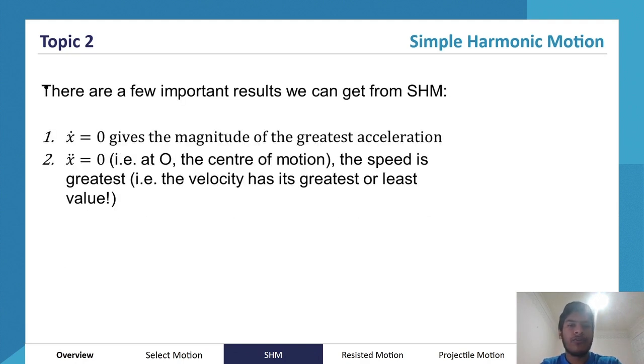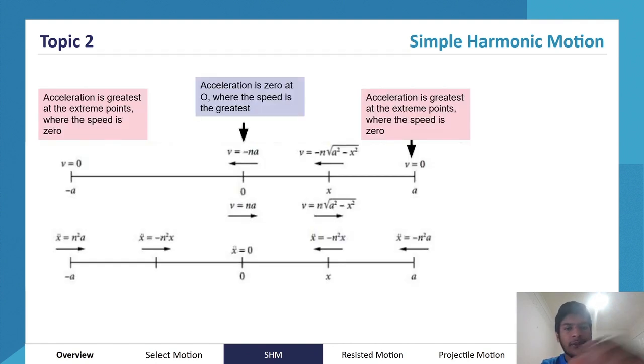Now, there are a few important results we can get from simple harmonic motion. That is, x double dot equals 0, i.e. at the center of motion, the speed is greatest, i.e. the velocity has its greatest or least value, and x dot equals 0 gives the magnitude of the greatest acceleration. It's hard to describe in words, so here's a diagram. At acceleration 0, the speed is the greatest, at this point here.